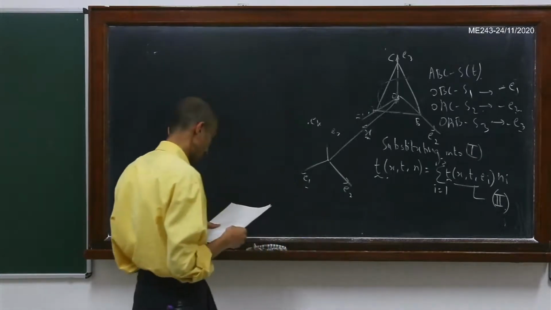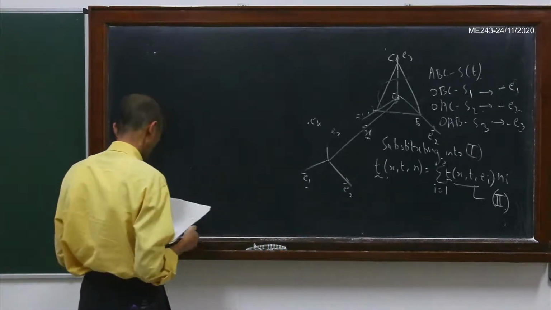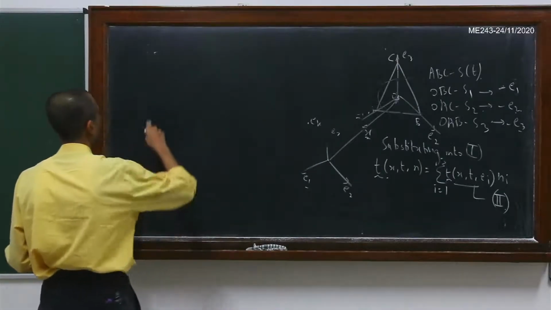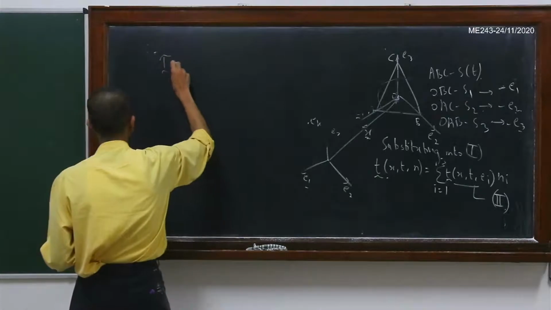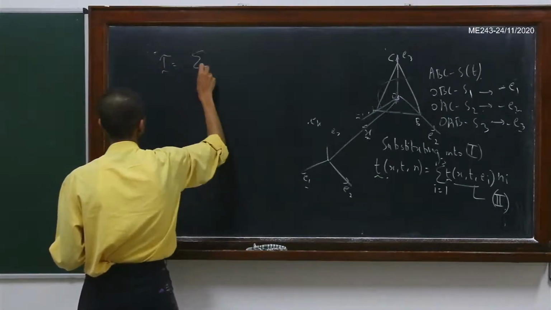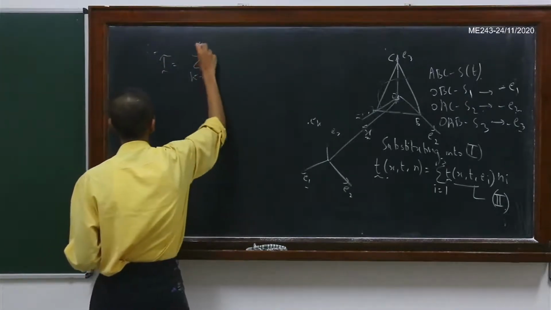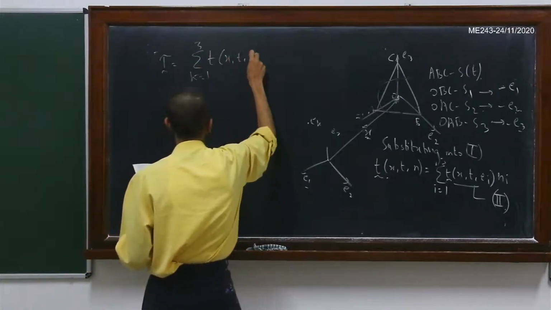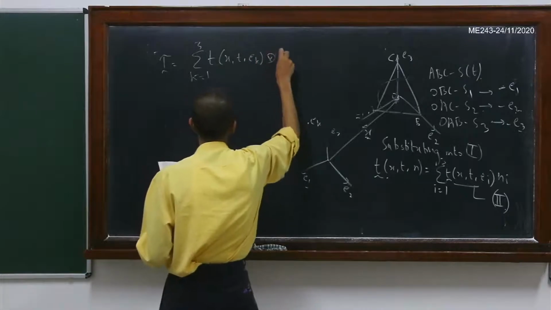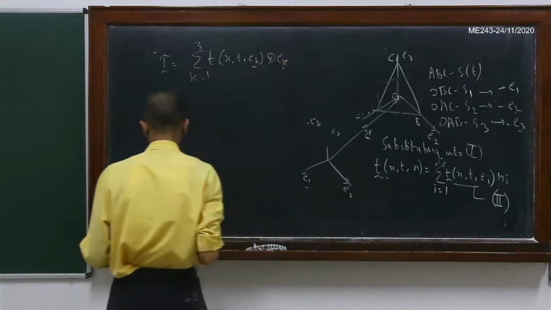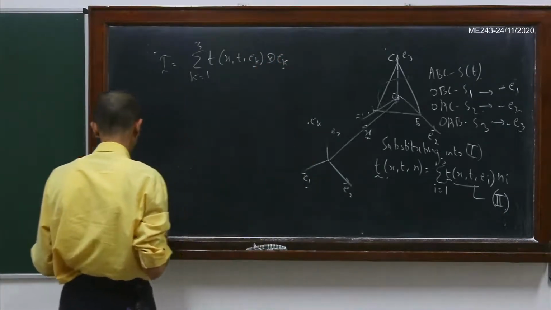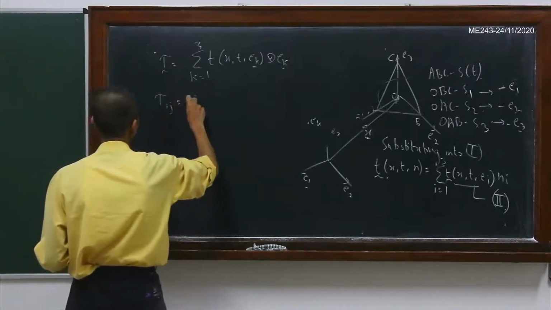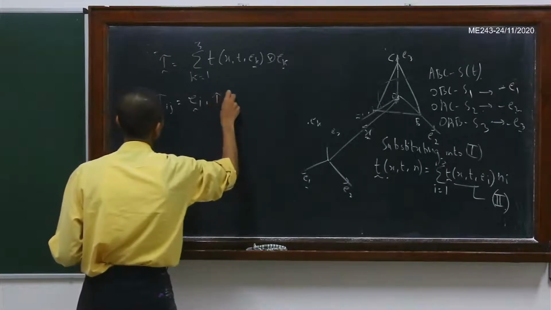Then let us look at what the components of the stress tensor are. Let us again write this stress tensor. Tau is equal to the summation of k equal to 1 to 3 of t of x, t, e_k dyadic e_k. This we have seen, and now let us write tau_ij. So tau_ij is equal to e_i dot tau times e_j.